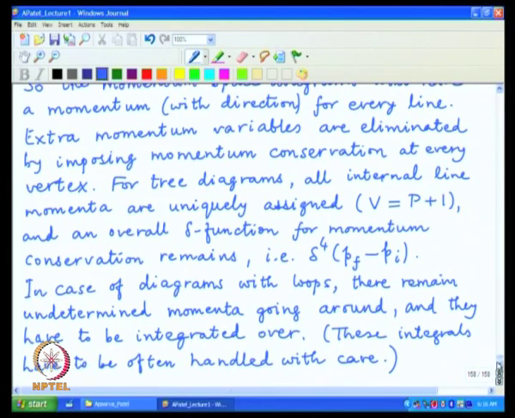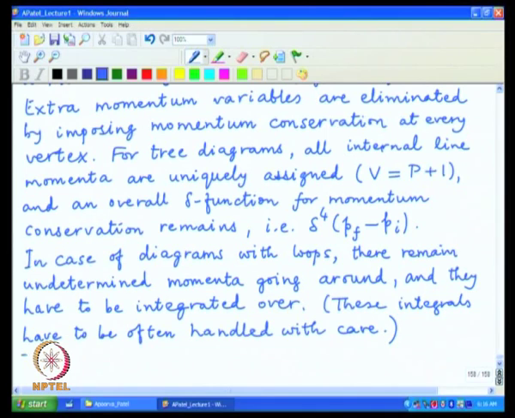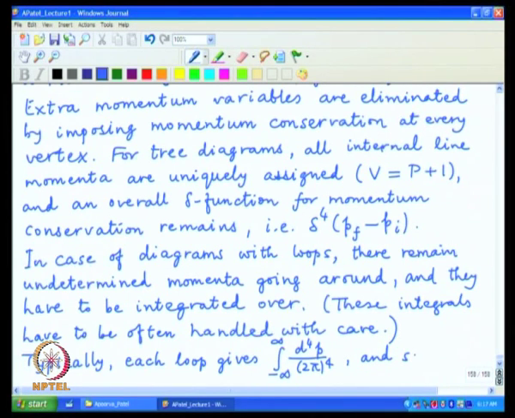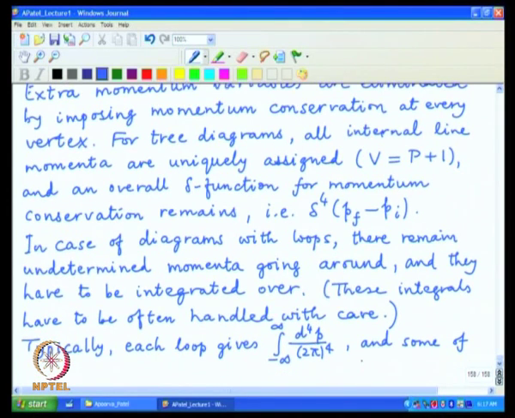And typically each loop gives a structure which is of integral in 4 dimensions, and the care is required because some of these may diverge, and so the care which I mentioned is a procedure which is called regularization.